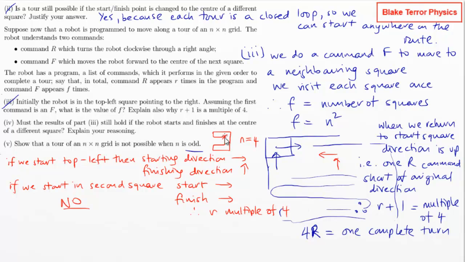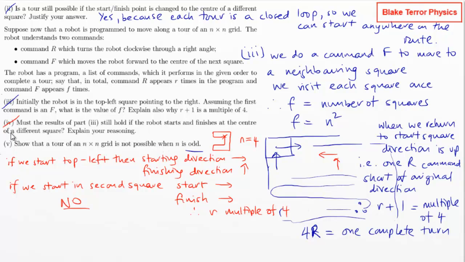So actually that isn't different. If you pick any of the ones on the corner, they're all going to be R plus 1s. If they're the ones on the straight, then they're just going to be R's. We only need to say that starting on a corner is different to starting on a straight. So that's what matters on part 4.